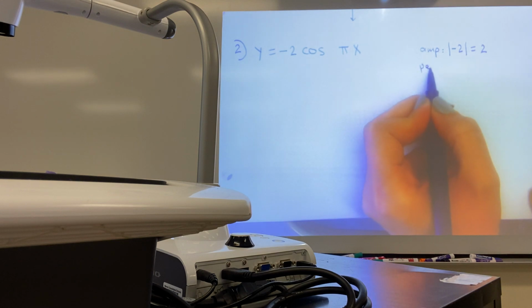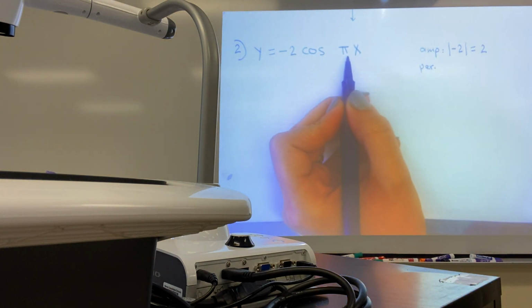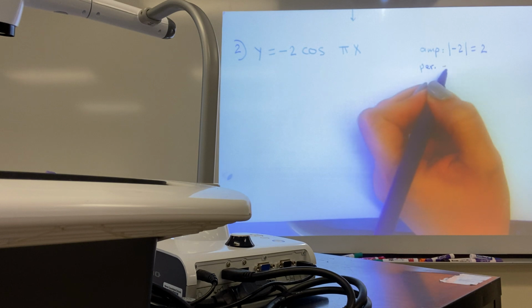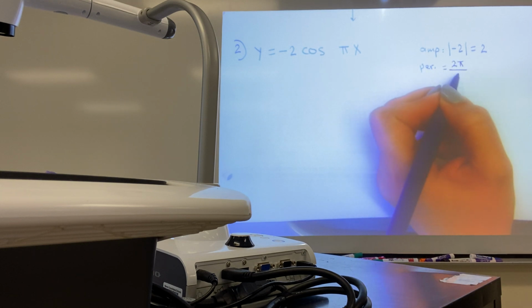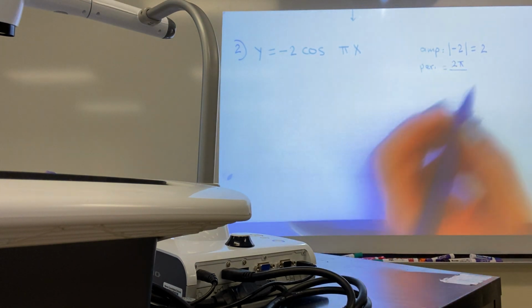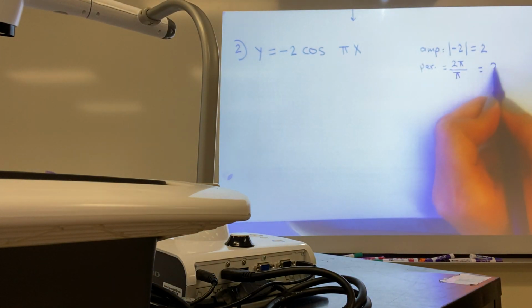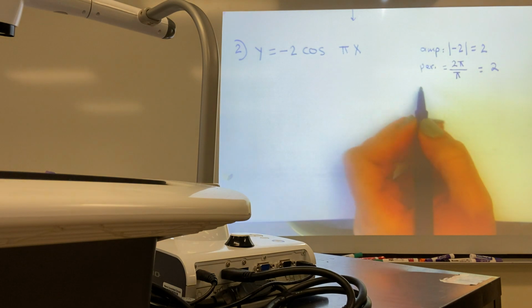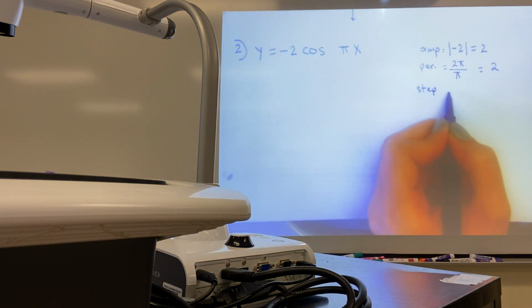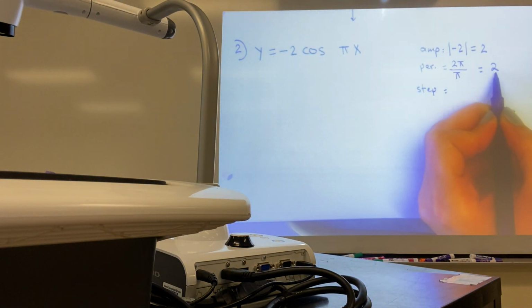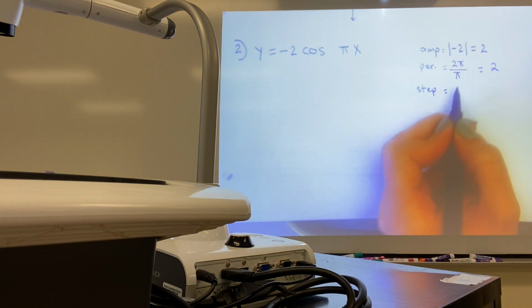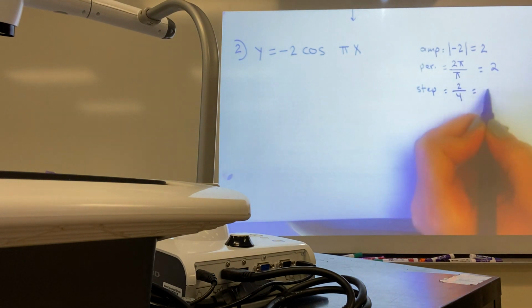And the period is 2 pi over b. b is pi in this case, right? So period will be 2, and the step is the period divided by 4, so that's 2 divided by 4, and that will give me 1/2.